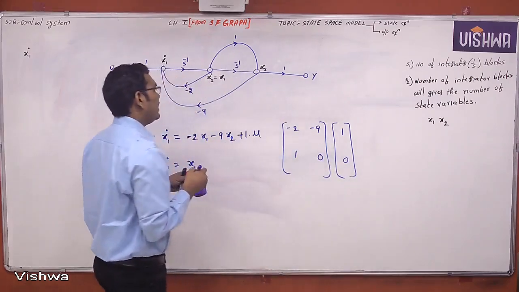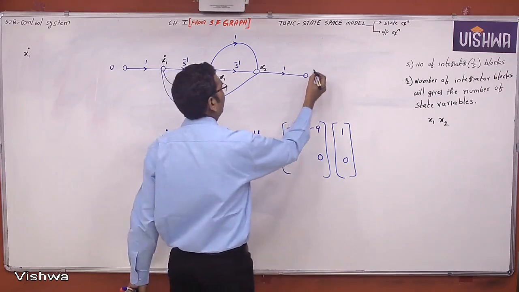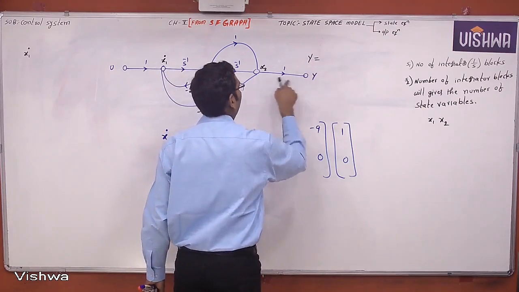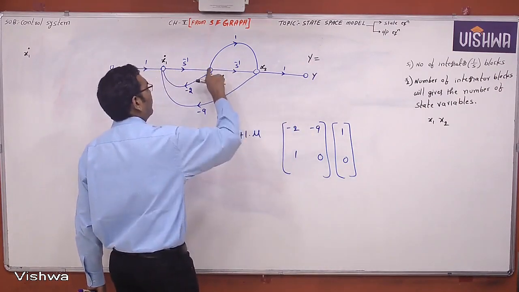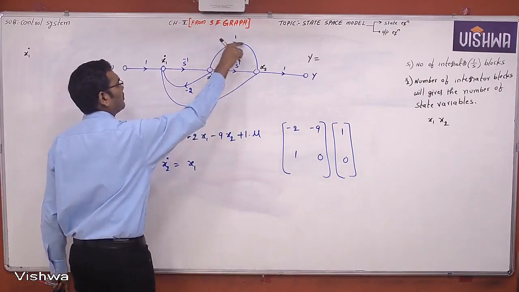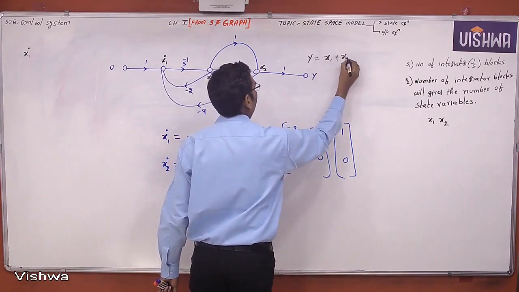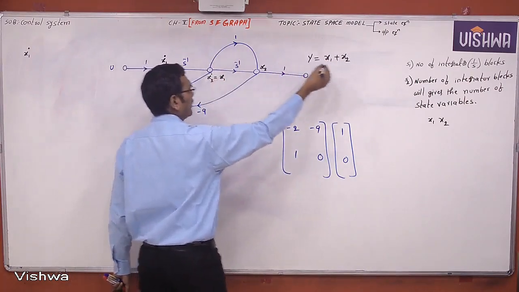Now what is the Y equation? Y is nothing but the incoming branches. x2 is coming in this path, and in this path x1 is also coming, and in this path x1 is also coming. So Y equals x1 plus x2. Some of the students are taking x2 dot.